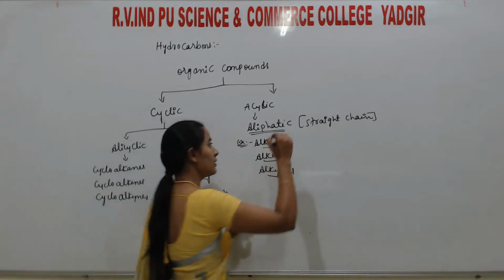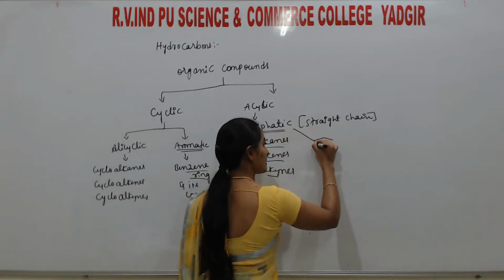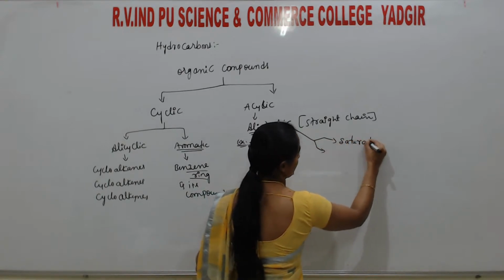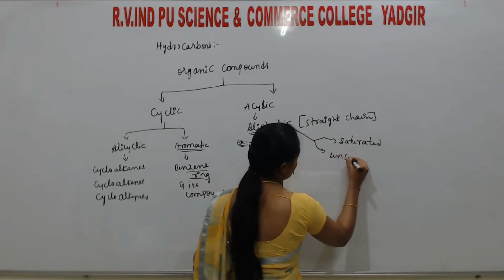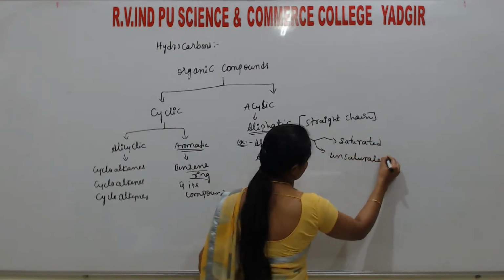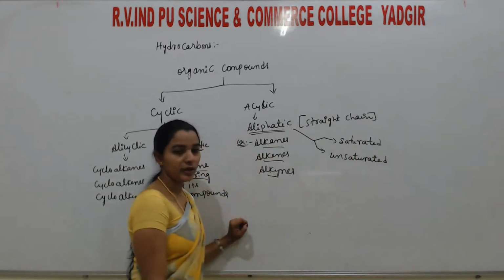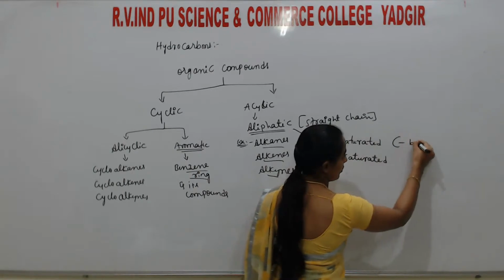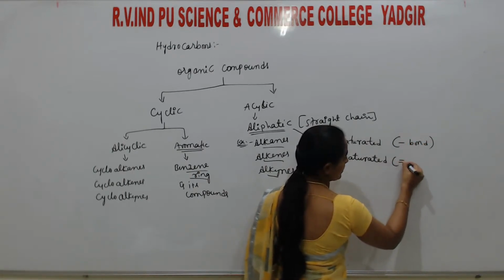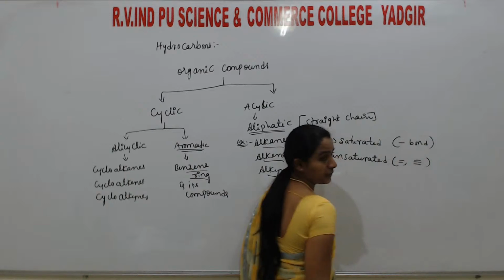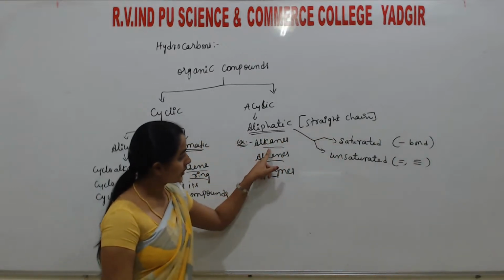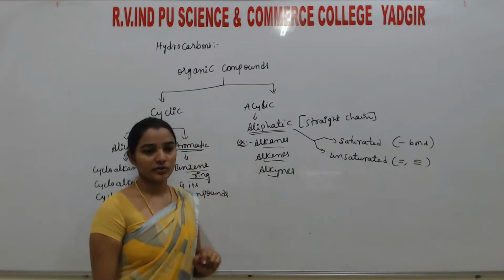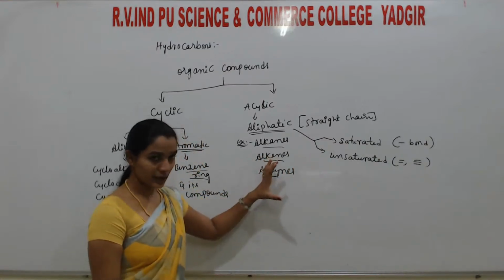So students, listen, this aliphatic is again classified as saturated and unsaturated compounds. Saturated means single bond, unsaturated means double or triple bond. That means alkanes are saturated hydrocarbons, alkenes and alkynes are unsaturated hydrocarbons. This is the classification.